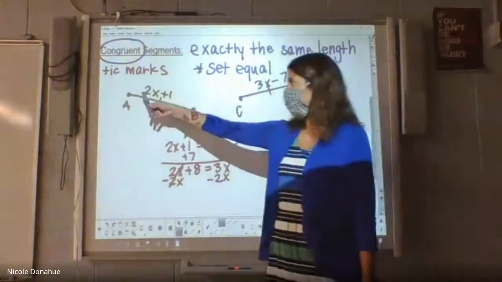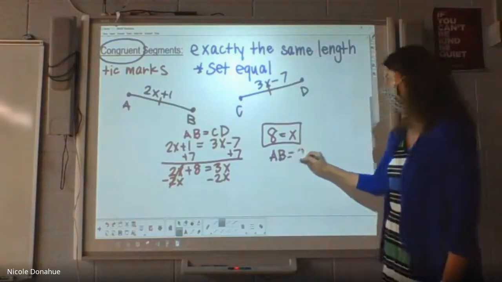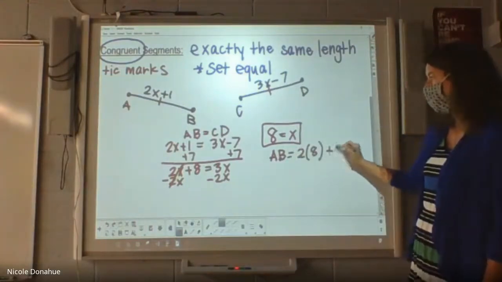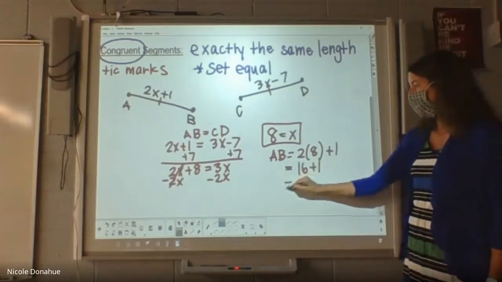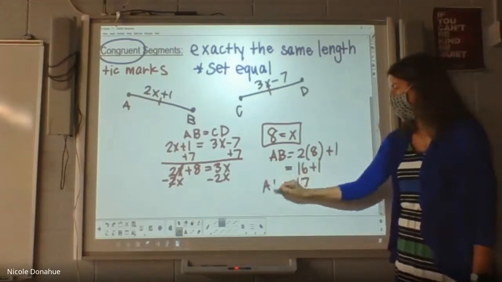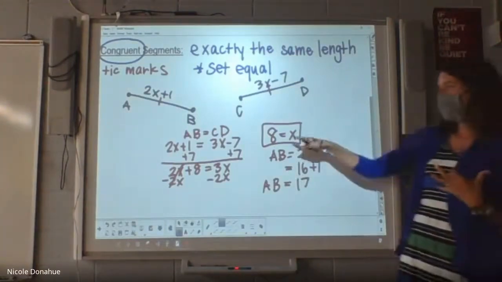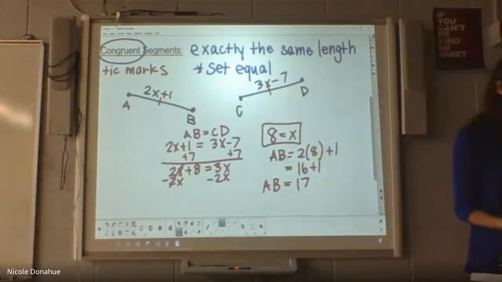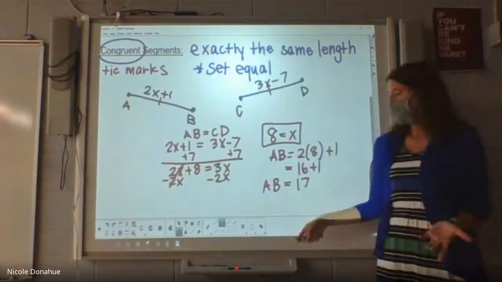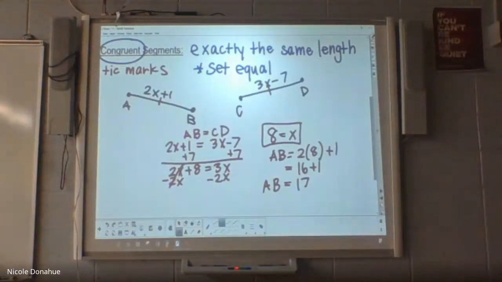AB is 2 times 8 plus 1, so 16 plus 1, which ends up being 17. To double check, put it in here: 3 times 8 is 24, minus 7 is also 17. So AB and CD ended up being the same.